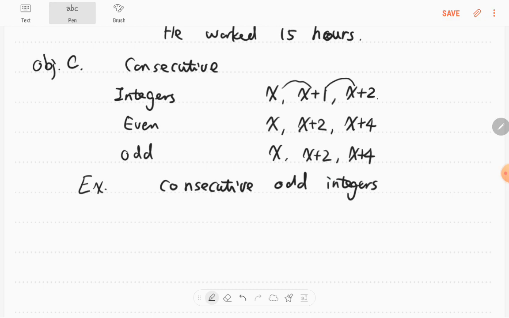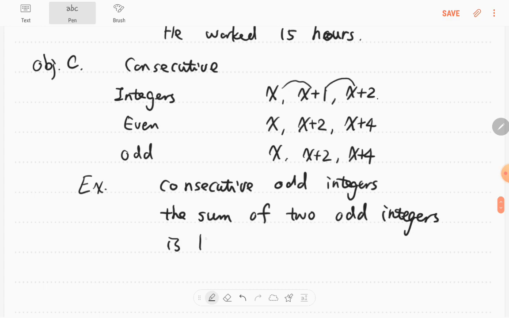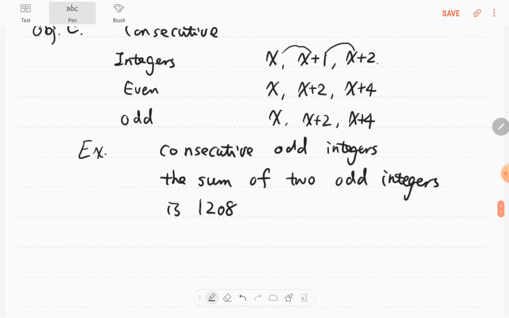And we also know the sum of these 2 odd integers is 1208. We want to find these 2 area codes, which means we want to find these 2 consecutive odd integers.